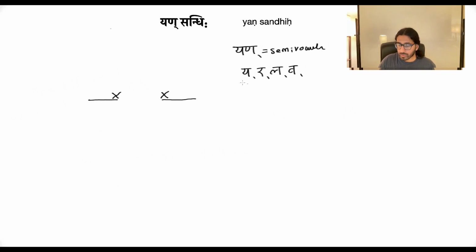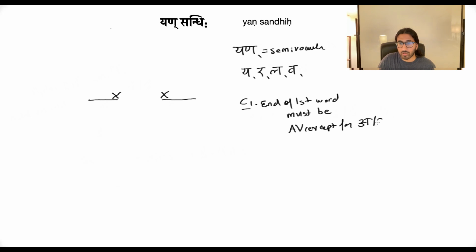Okay? Condition one. So, the end of the first word must be any vowel except for a or aa. Okay? The end of the first word here must be any vowel except for a or aa.